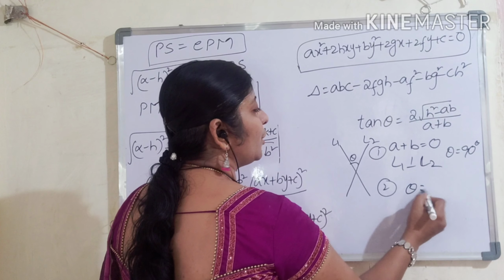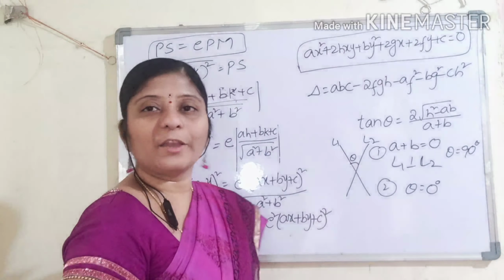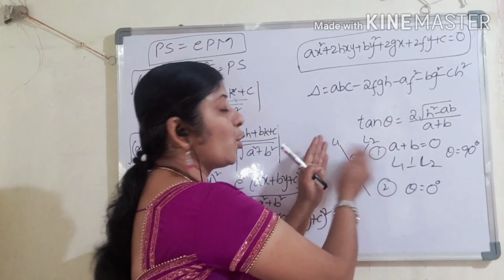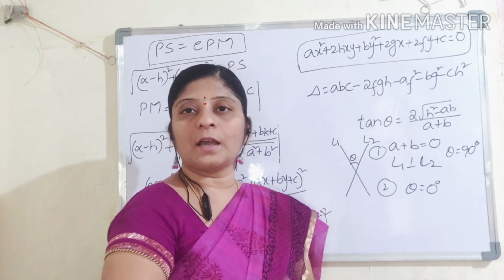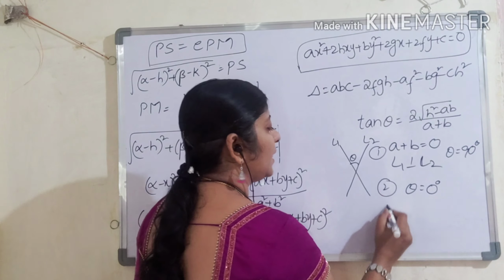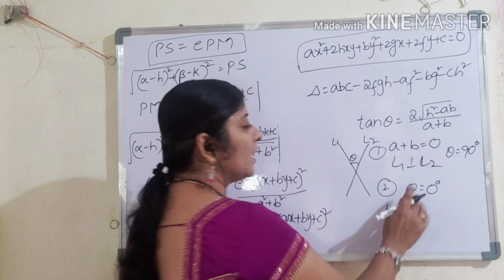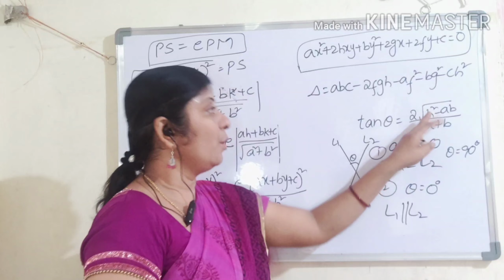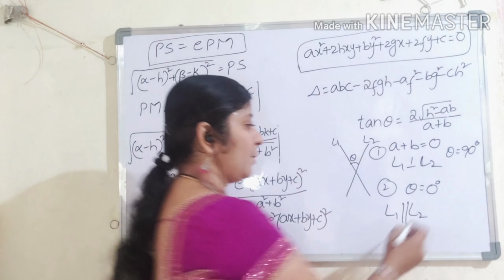If theta is equal to 0, there is no angle between the two straight lines; they coincide or are parallel lines. If L1 is parallel to L2, then theta is equal to 0, which happens when h square is equal to ab.